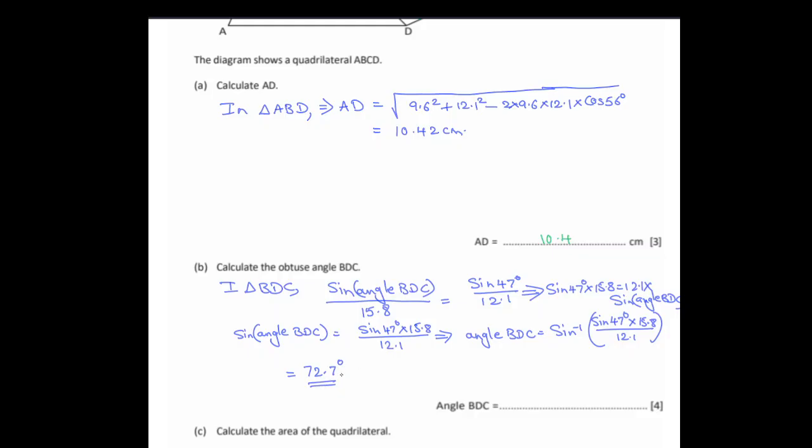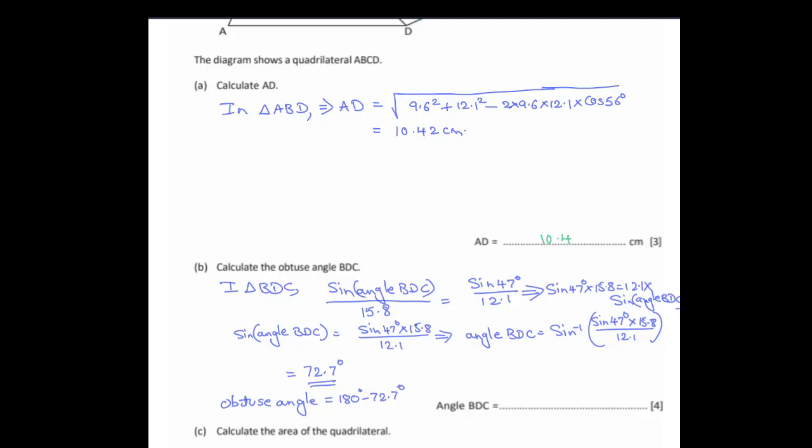To get the obtuse angle for sine, you have to take 180 minus theta, because the positive value for sine is in the second quadrant, 180 minus the angle. So the obtuse angle will be 180 minus 72.7.